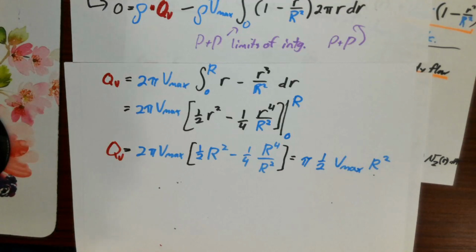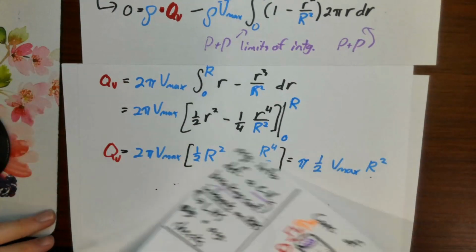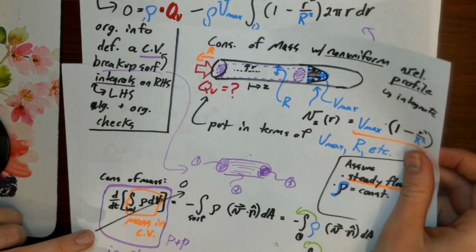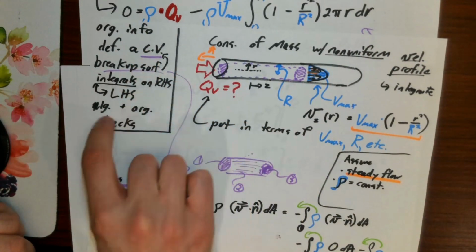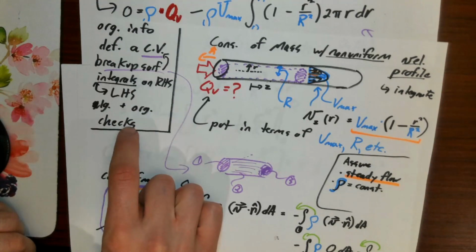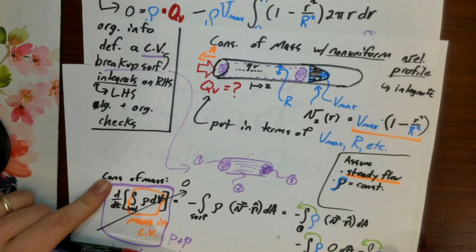All right, so what does that mean? Well, we can go back. How should we interpret this result? I'd say we already did our algebra and organization. So now it's time to do checks. So let's do some checks.